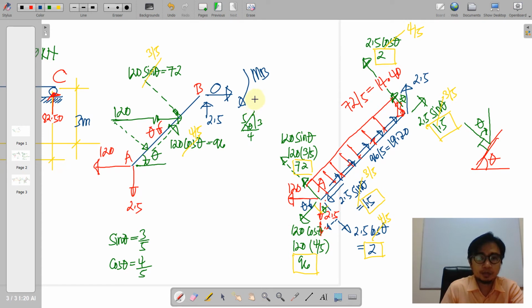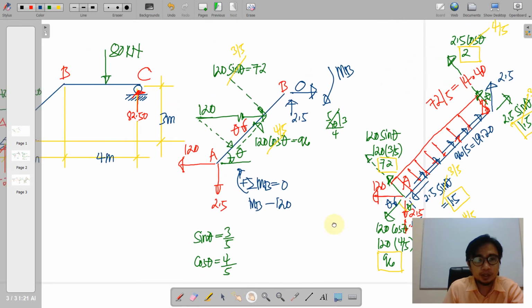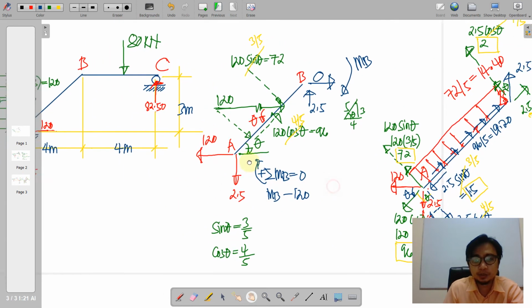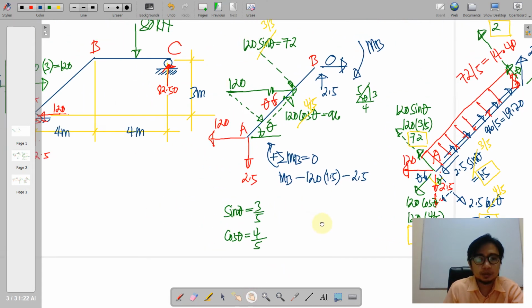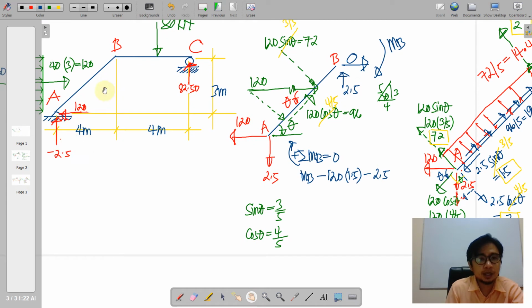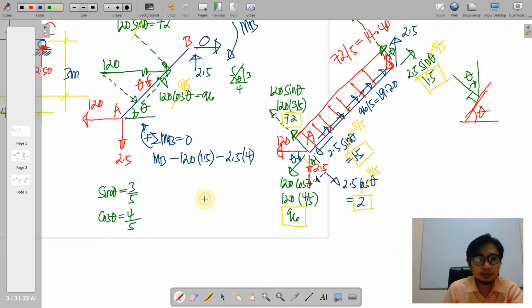Solving for the moment at B, we take moments at B. We have this couple here, less the counterclockwise 120, which is bisecting this 3, so we have a distance of 1.5, less this counterclockwise rotation 2.5 with a distance of 4 meters, and then 120 counterclockwise times 3 meters.